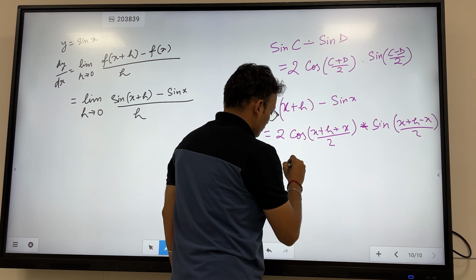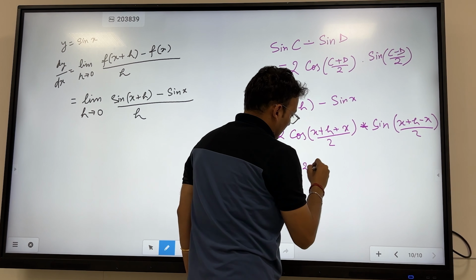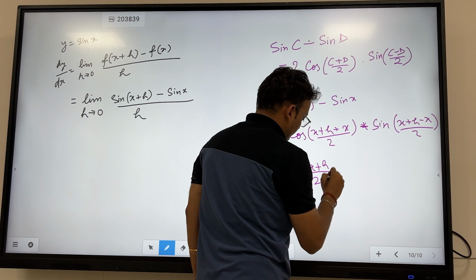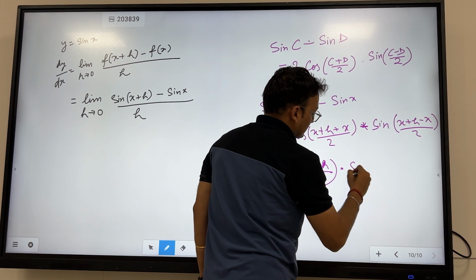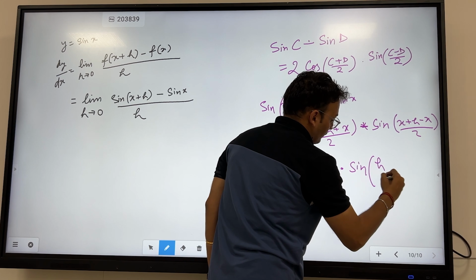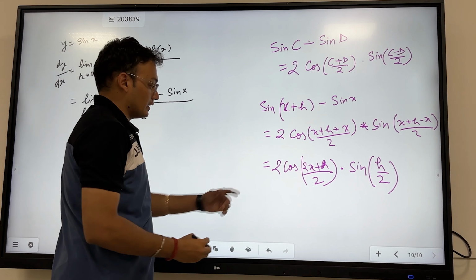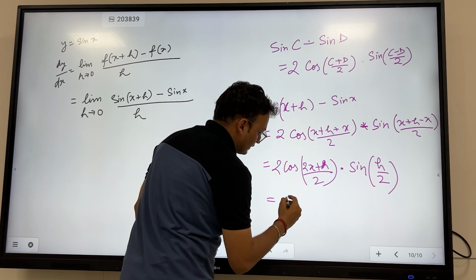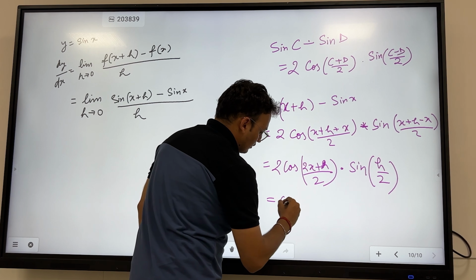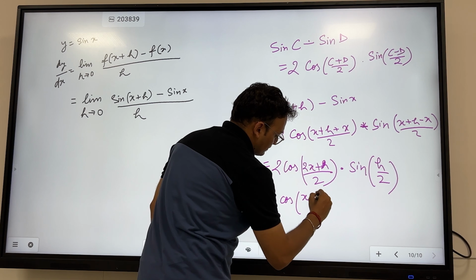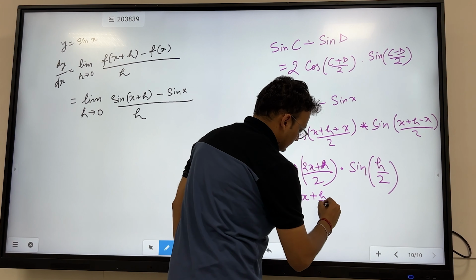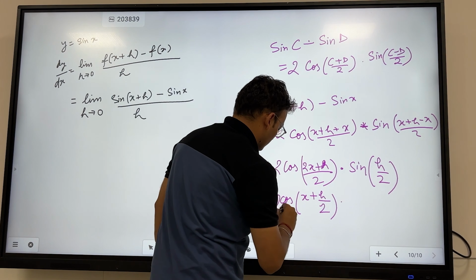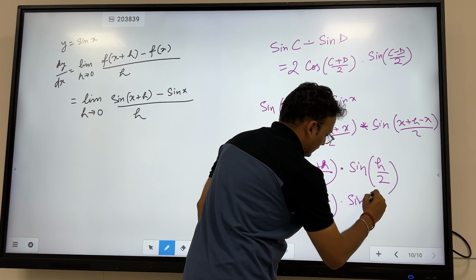So I will get 2 cos of (2x plus h) by 2 times sin of h by 2, which I can write as 2 cos of (x plus h by 2) sin of h by 2.